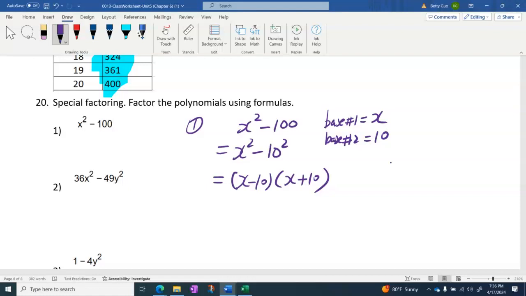Okay, so try this one, practice. Factor this polynomial. Factor 100 minus x squared.